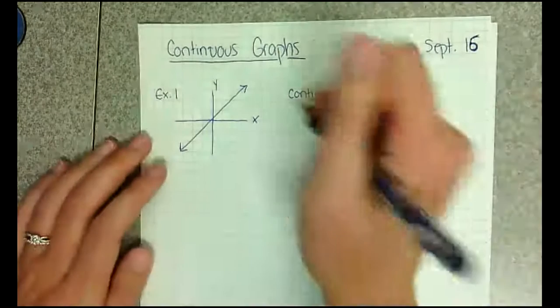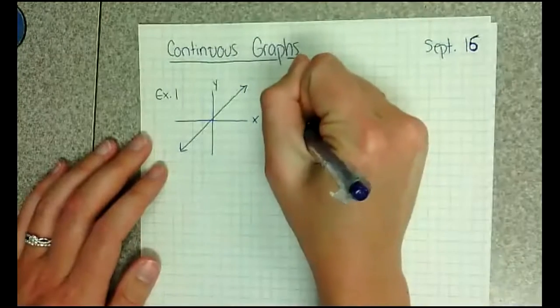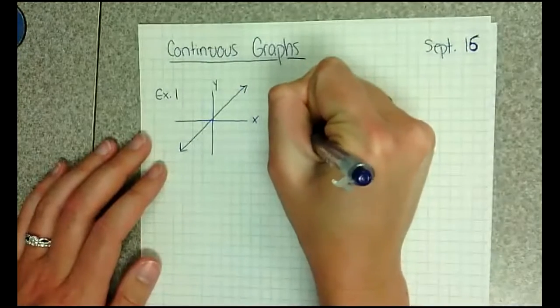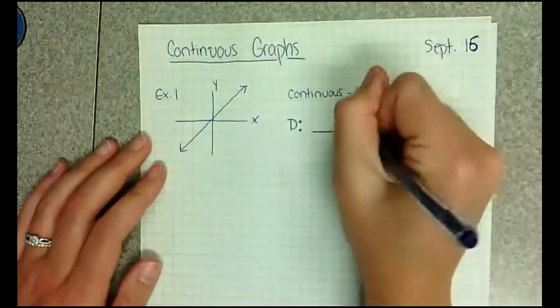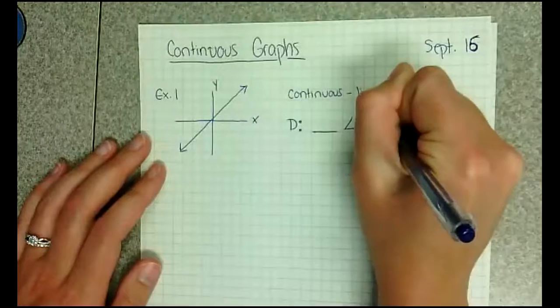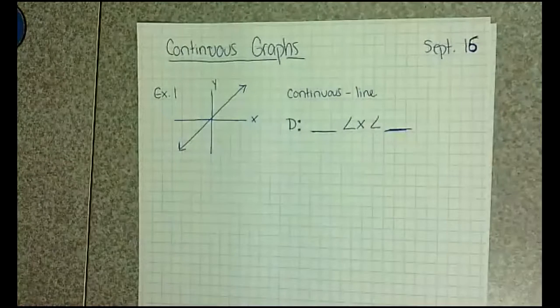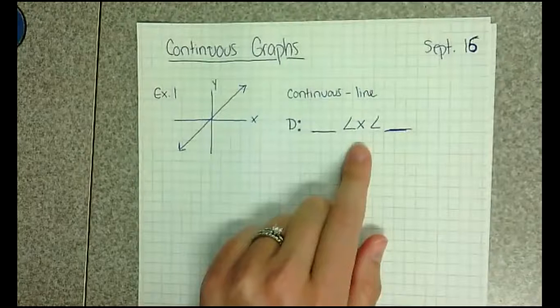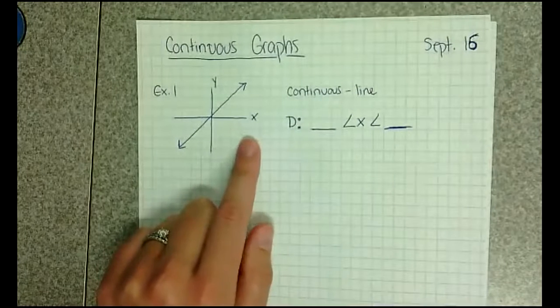And so when you have a continuous graph, we are going to set up the domain like this. I'm going to put a number in this blank, less than X, less than a number here. This is the format that we're going to keep using today, as long as it's a continuous graph.